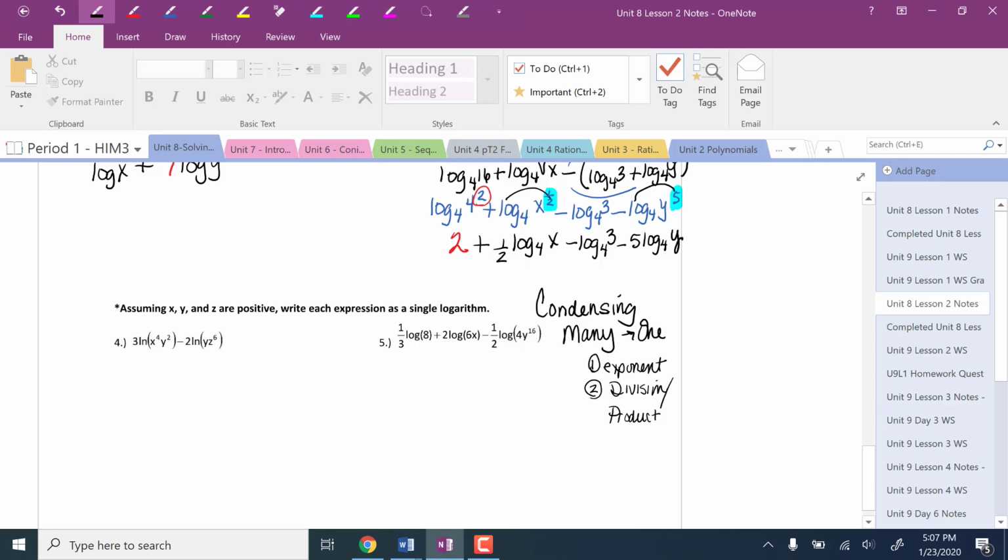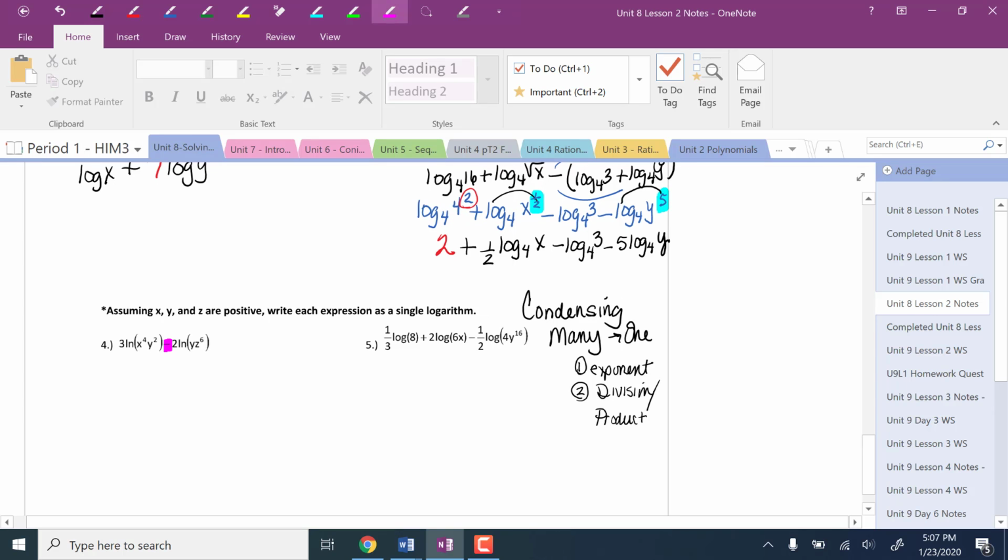So I notice here my overriding structure. I have to first check that I have the same base, and I do. I have base e. I have the subtraction of 2 log expressions in the same base. That means I am talking about a division problem ultimately. But I don't want to go there yet until I address my exponents.